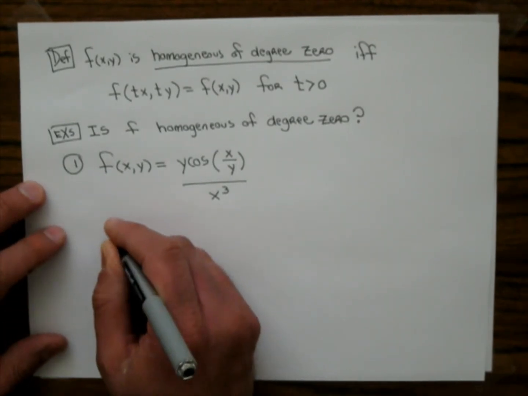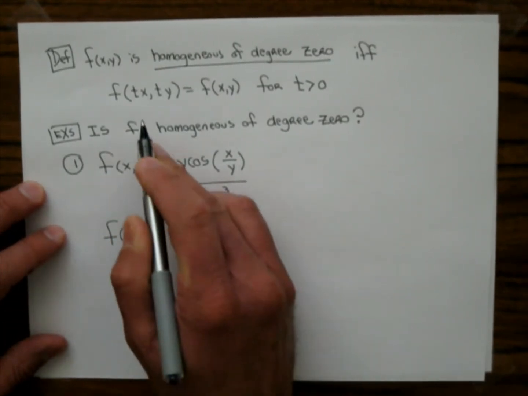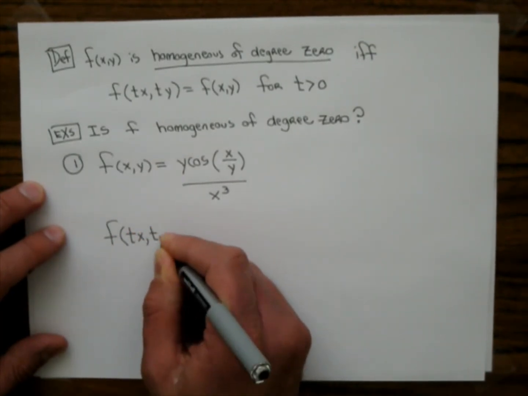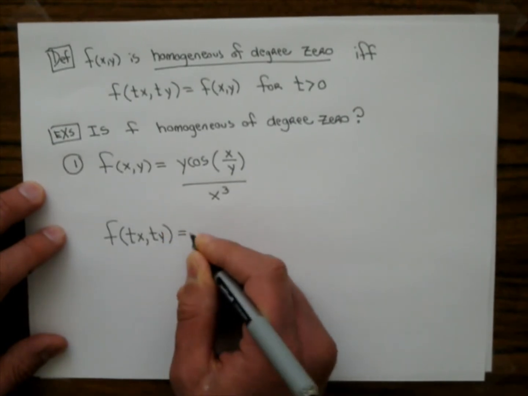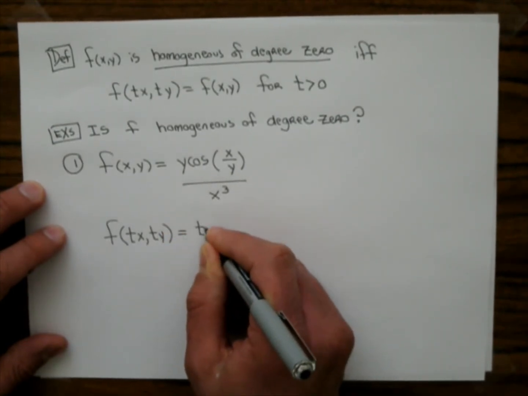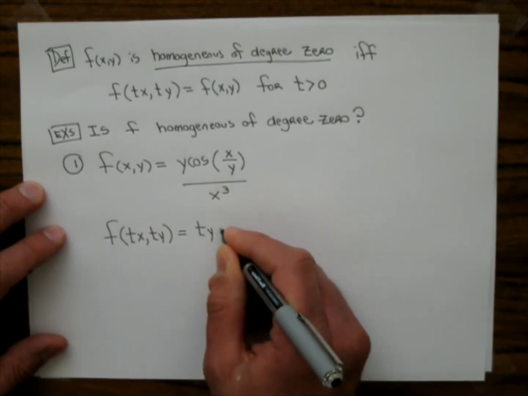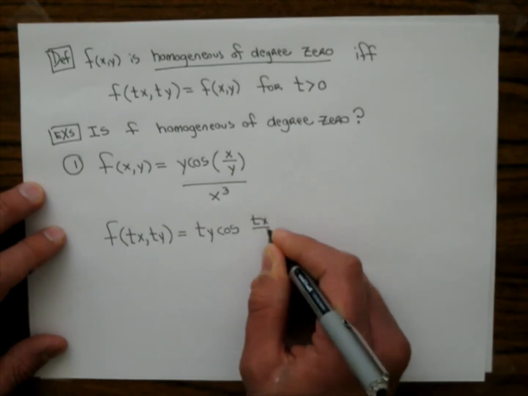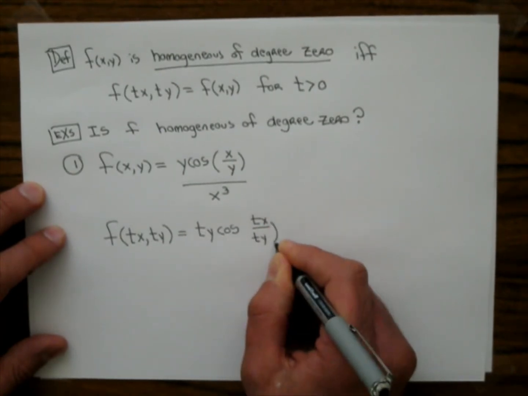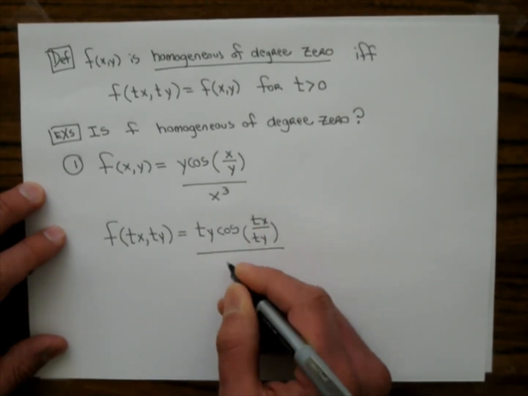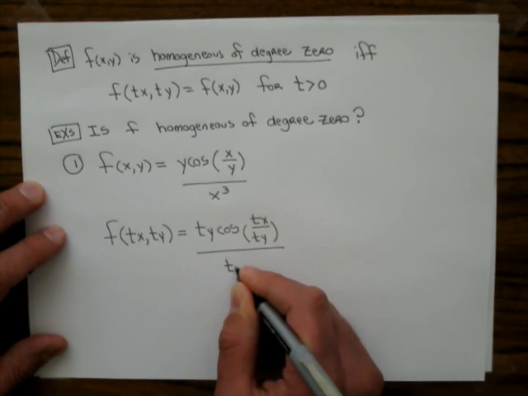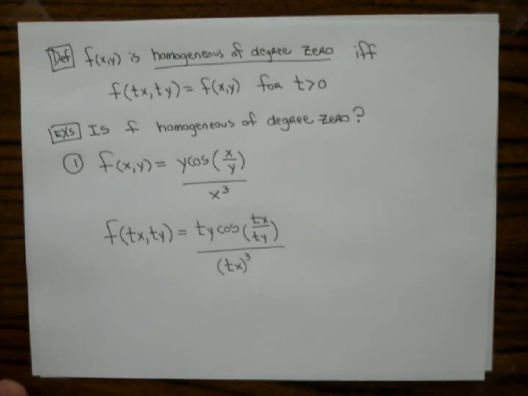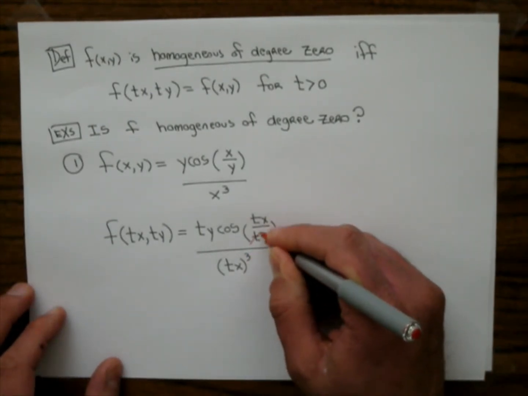So let's go ahead and see this. How would I figure this out? I'd plug in t of x for x and t of y for y. Well, let's see what we get. So this is t times y cosine tx over ty, all over tx quantity cubed. Now inside the argument of the cosine, those t's cancel.